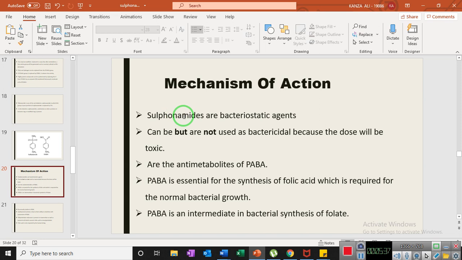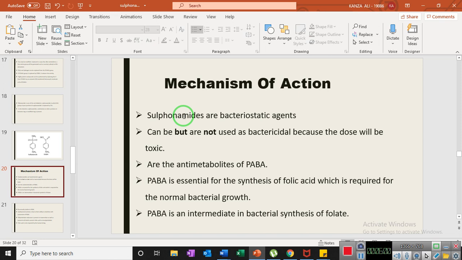Now I have told you and I have asked you to go through those terms, the antibacterial compound, why we are not saying that it is antibiotic, why we are saying bacteriostatic.